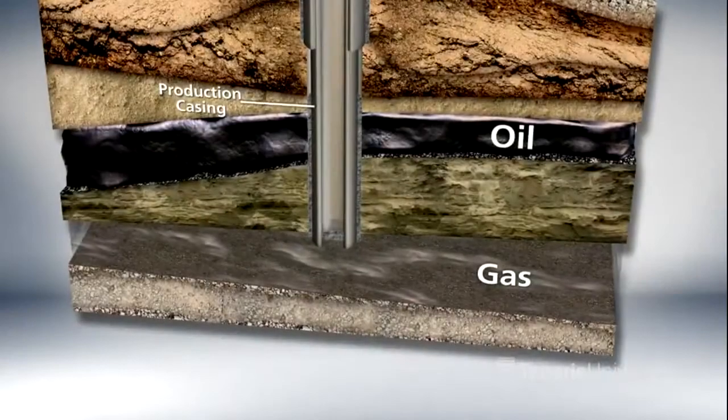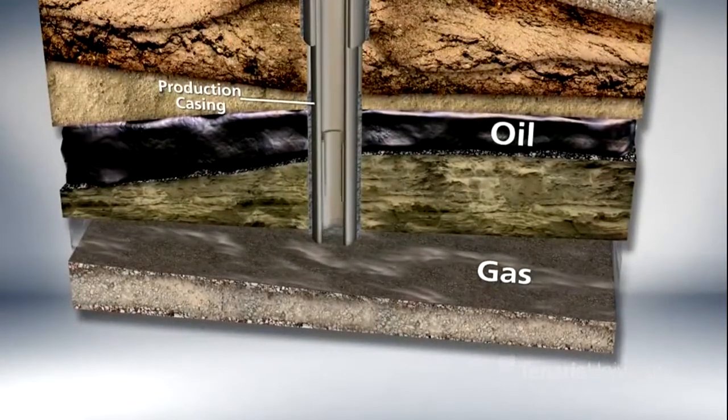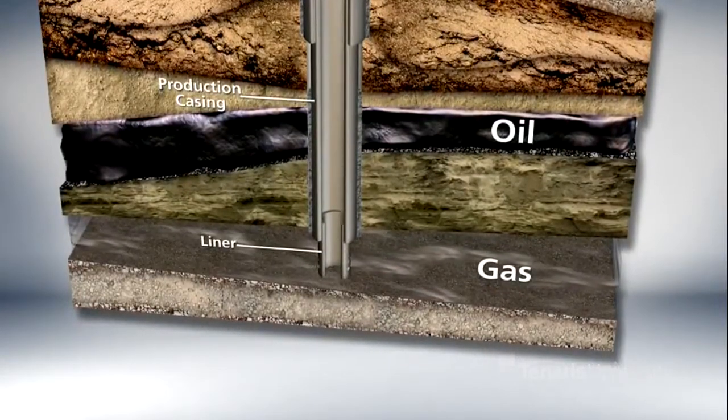Then we have a different type of casing strings called liners. Liners do not extend to the surface of the well, but rather they are suspended from the bottom of the previous casing. There are two types of liners, the drilling liner and the production liner. The drilling liner has the same concept as the intermediate casing.